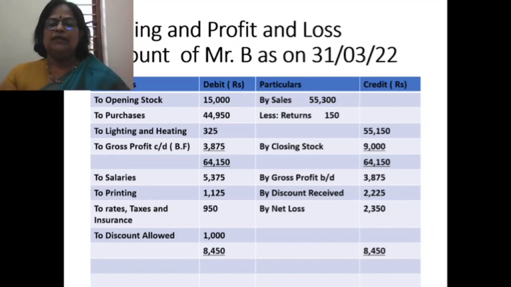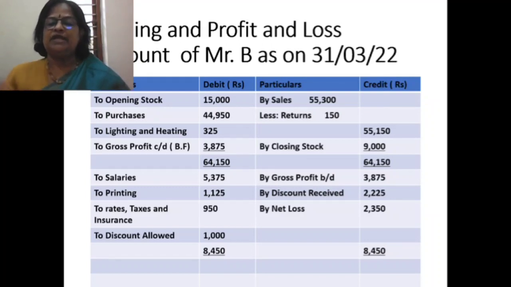So whichever side is higher, it's the credit side, 64,150. You're getting gross profit 3,875. That we will transfer to credit side of the profit and loss account. Remember, if it's gross loss, we will transfer it to the opposite side, the debit side of profit and loss account.